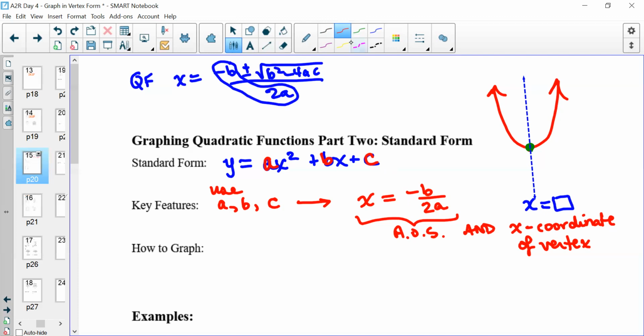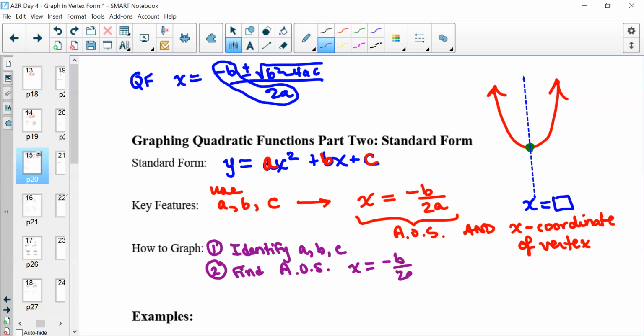So the way to graph, we're going to first identify a, b, and c. And then we're going to find the axis of symmetry using x equals opposite of b over 2a and simplify that.